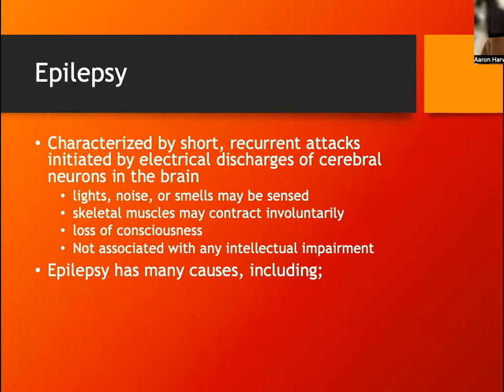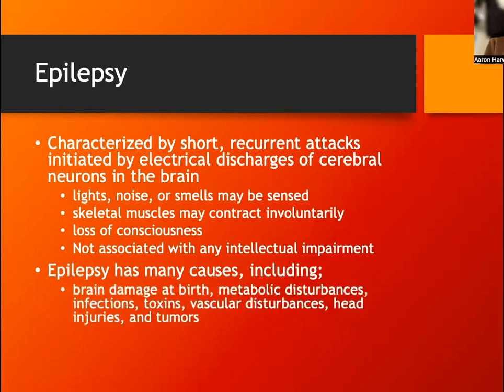Generally, it's not associated with any intellectual impairment, but epilepsy has many causes, including brain damage, birth defects, metabolic disturbances, infections, toxins, vascular blood vessel disturbances, head injuries, and different tumors.